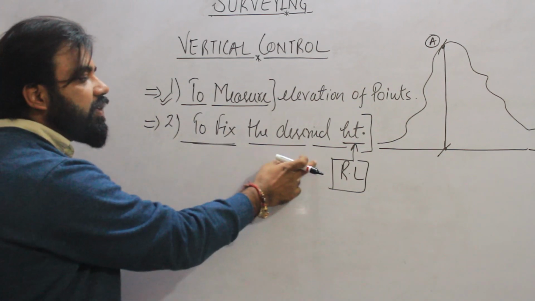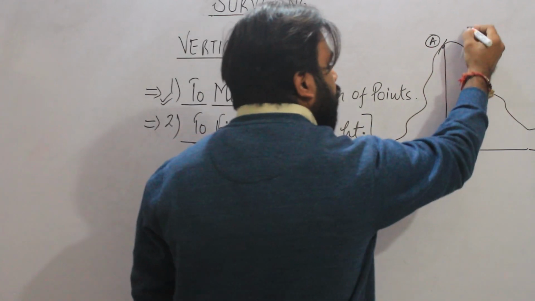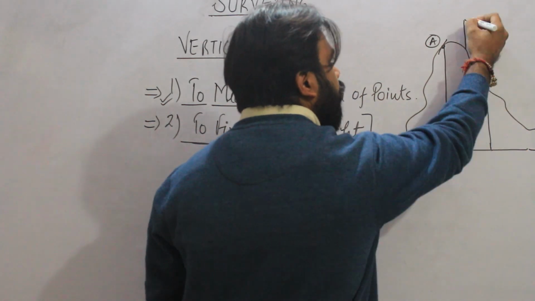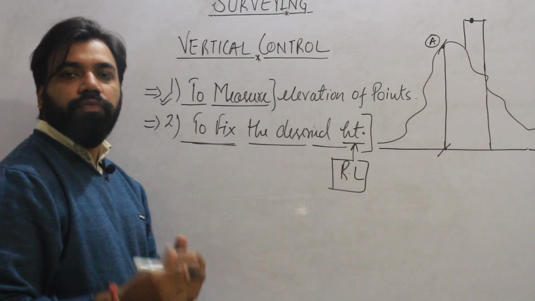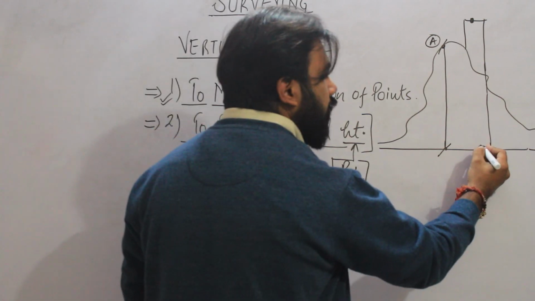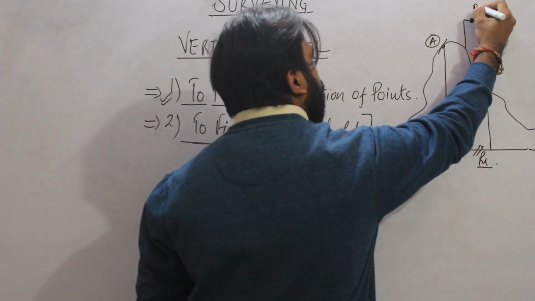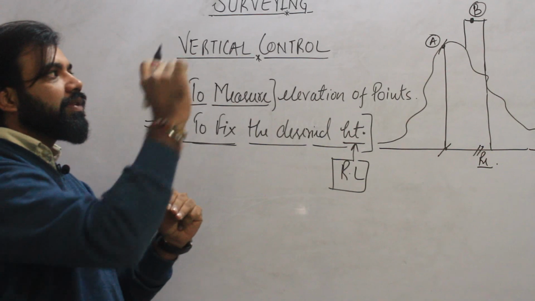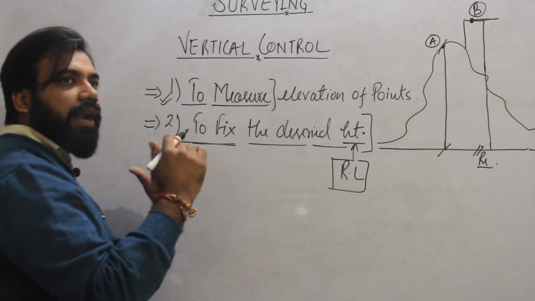Next is to fix the desired height. For example, if you have a building near the ground and you want to fix a point, how will you fix it? You will fix it with the help of some certain reference level. Suppose this is your reference level and this is another point on a building. So you want to fix the height of this building, the desired height.